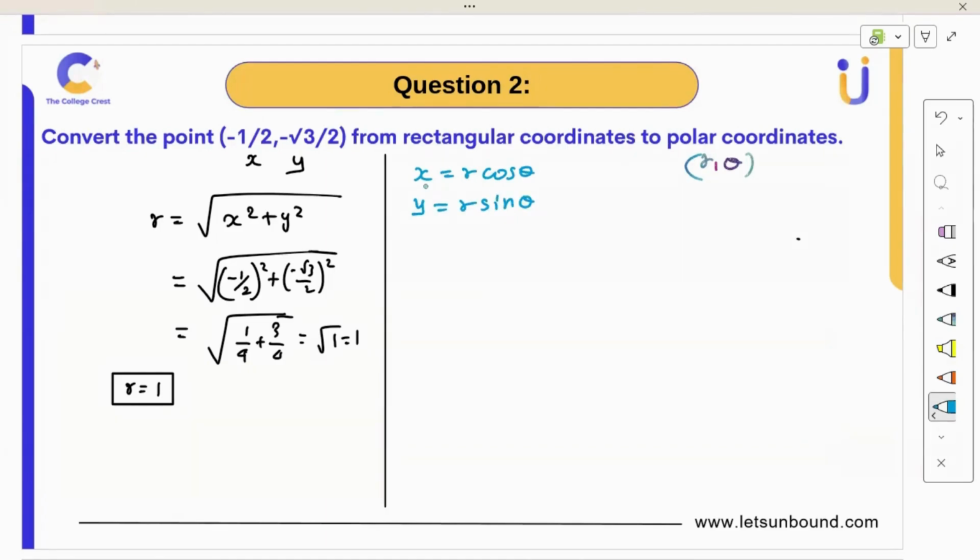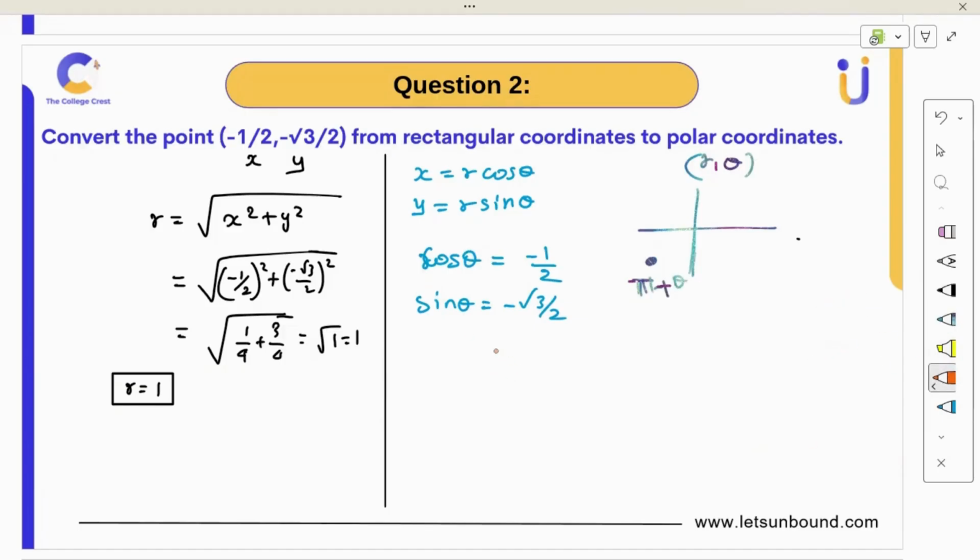And I know x, y, r, so only theta remains. So r cos theta, r is 1, so I will get cos theta is x, which is minus half, and sin theta is minus root 3 over 2. Right? Both of them are negative, cos is negative, sin is also negative, in this quadrant. So whatever the angle, you can write it as pi plus theta.